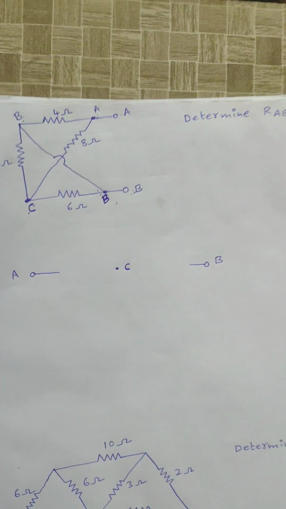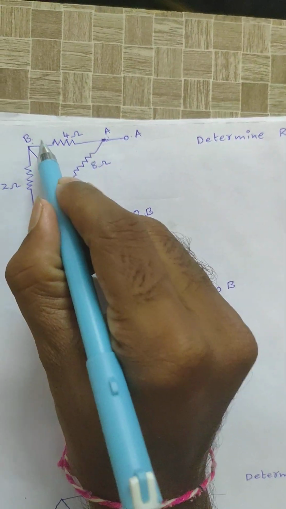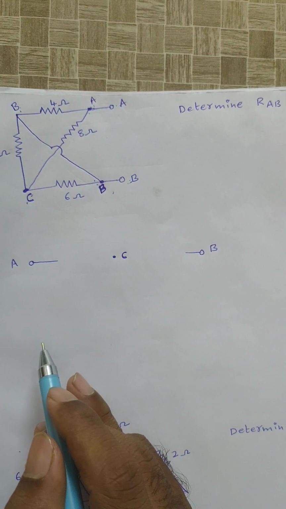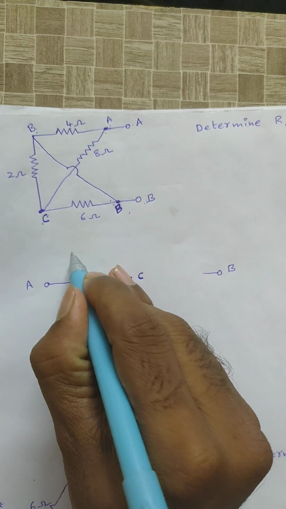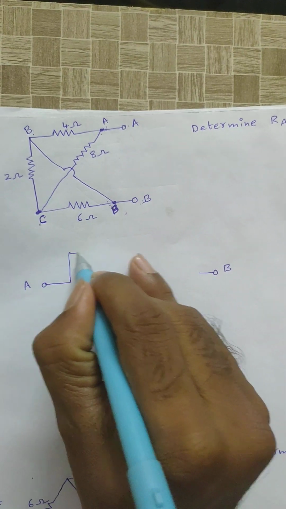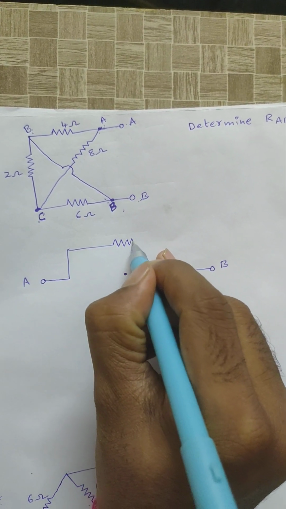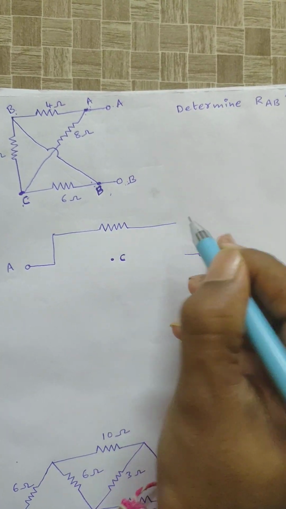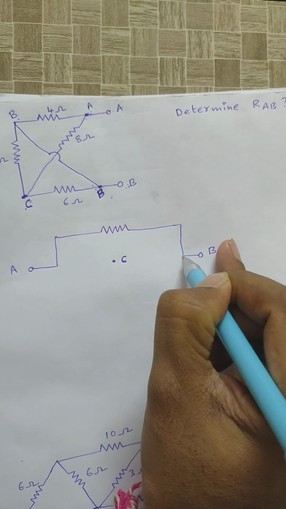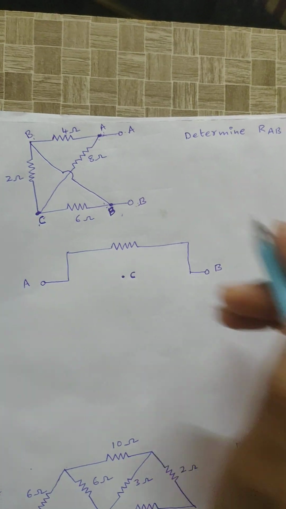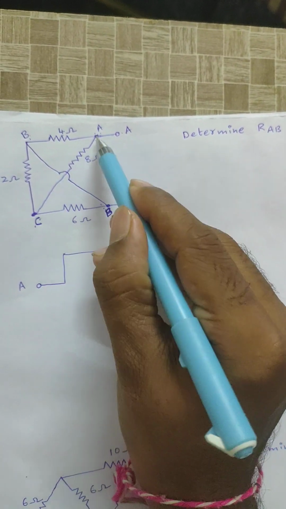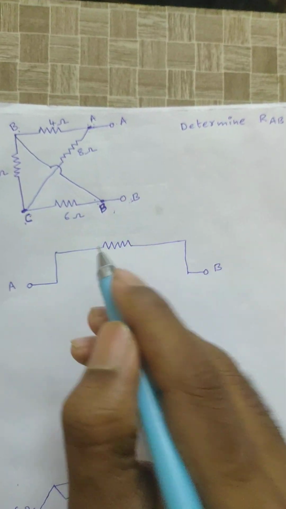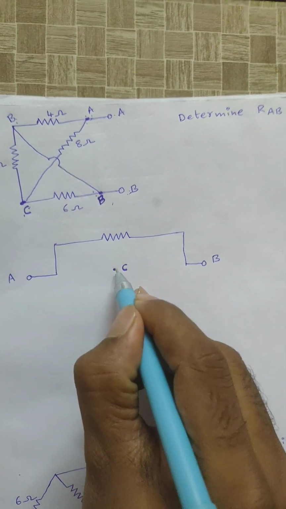Now see here, A to B, 4 ohm resistor. Next, A to C, 8 ohm resistor, right?